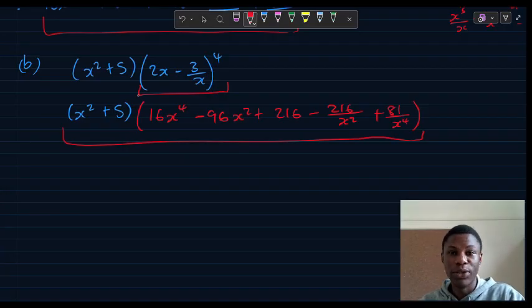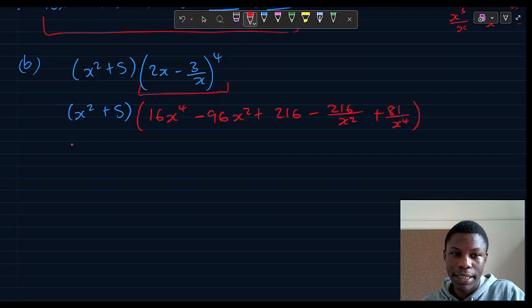So obviously we don't want to expand the whole thing. It would be long and unnecessary, but if worst comes to worst, you are in the exam and you have no clue what to do, you can fully expand the whole thing and just find the term in x squared and therefore the coefficient.